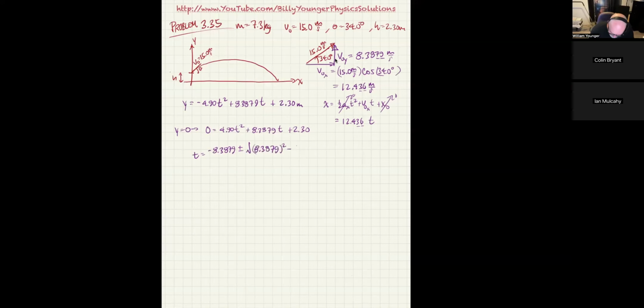So b squared minus 4ac, where a is negative 4.90 and c is 2.30. All that divided by 2a, and a, of course, is negative 4.90, so 2 times that is going to be negative 9.80.